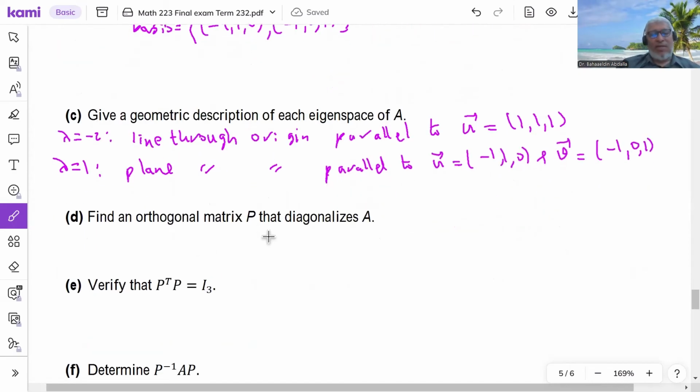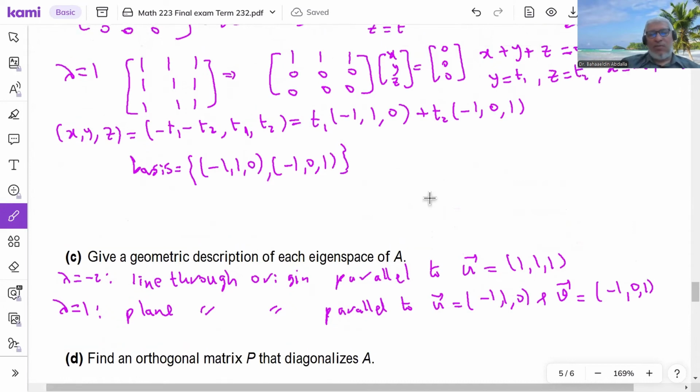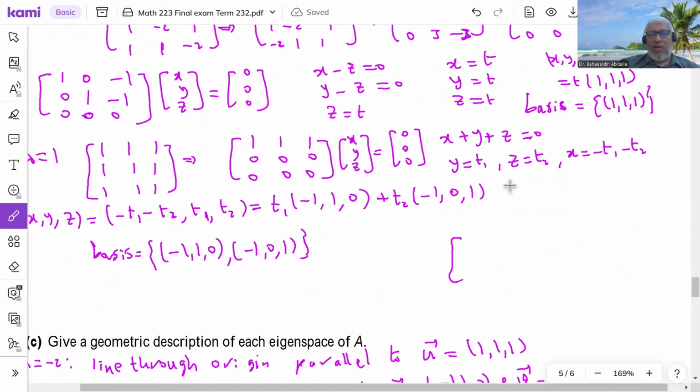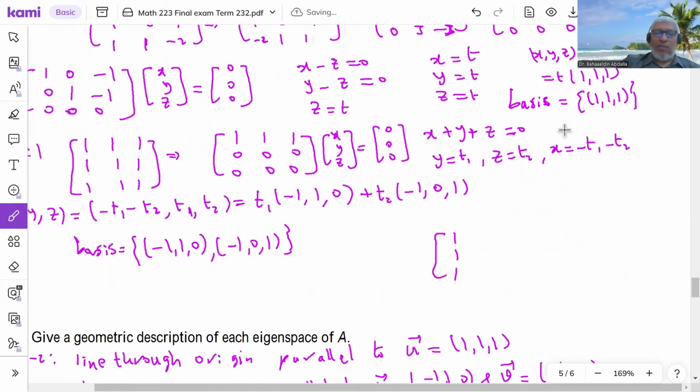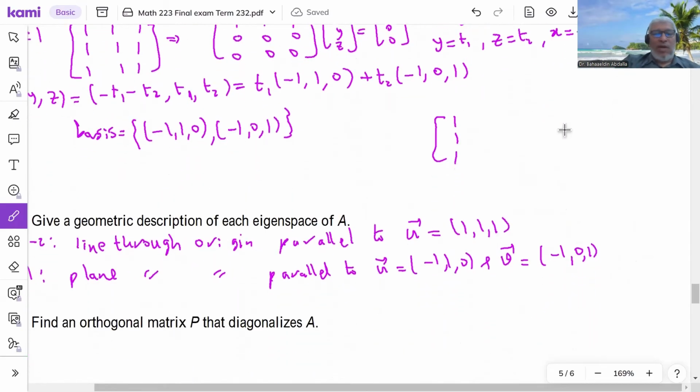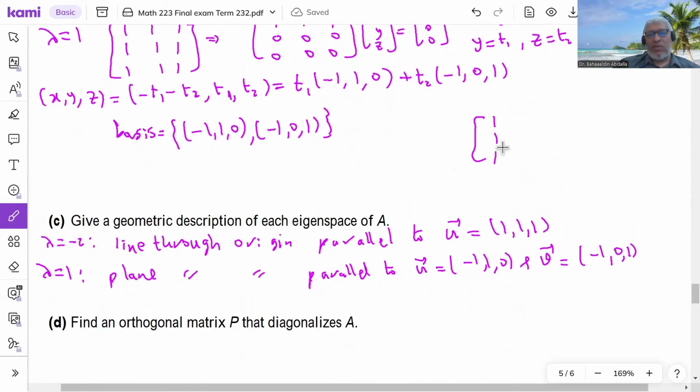Find an orthogonal matrix P that diagonalizes A. The matrix that diagonalizes A has 1, 1, 1 from lambda negative 2, and when lambda is 1, I have these two vectors, negative 1, 1, 0 and negative 1, 0, 1.